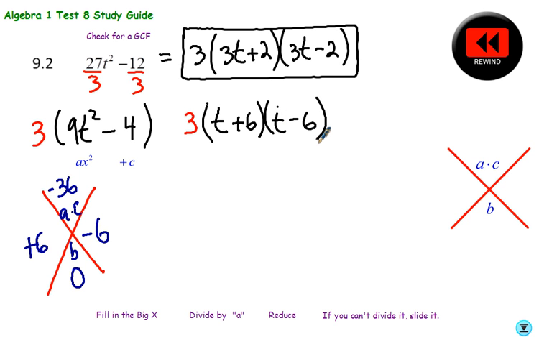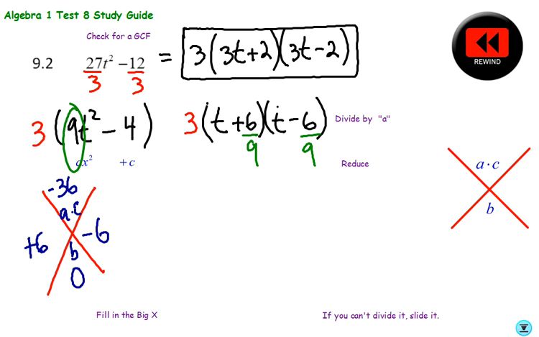And again, if you caught your mistake, pause it. See if you can finish the rest of the problem from here. Don't just copy down what I'm writing. Try to do as much of this as you can on your own. All right, so let's divide by A. Our A in this case, there's our A right there. Our A is 9. Well, it doesn't divide evenly, so I'm going to have to reduce.